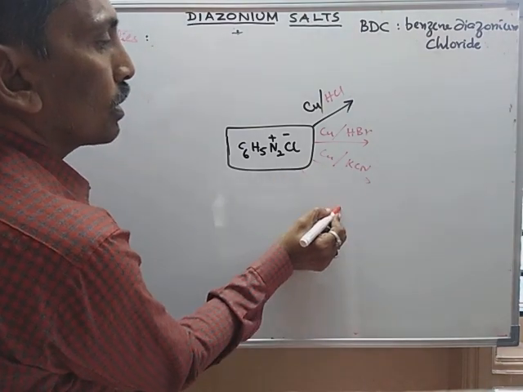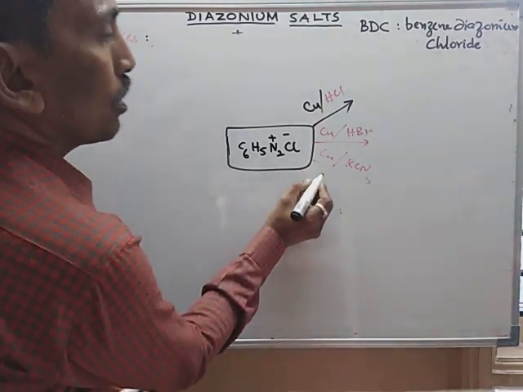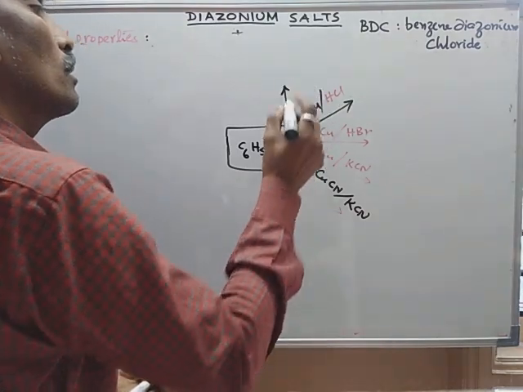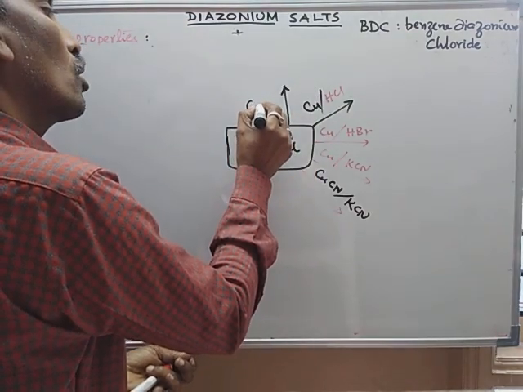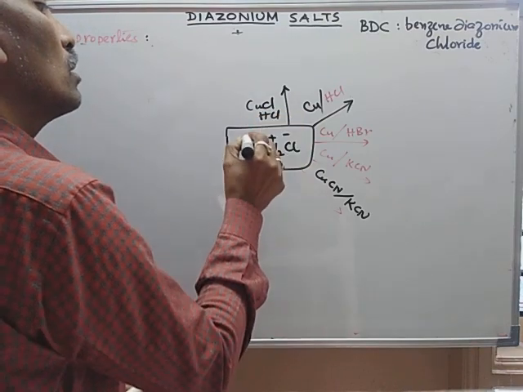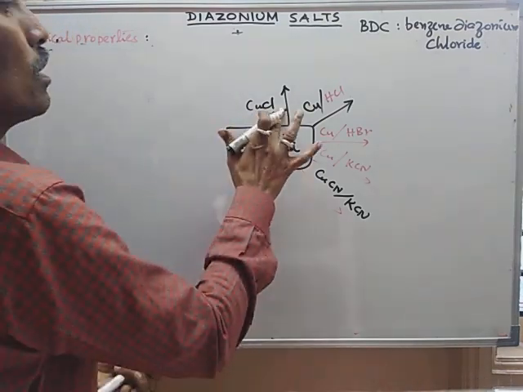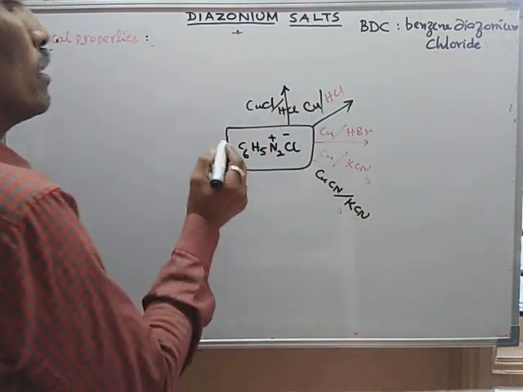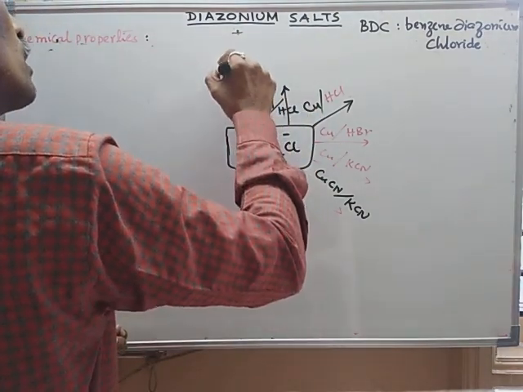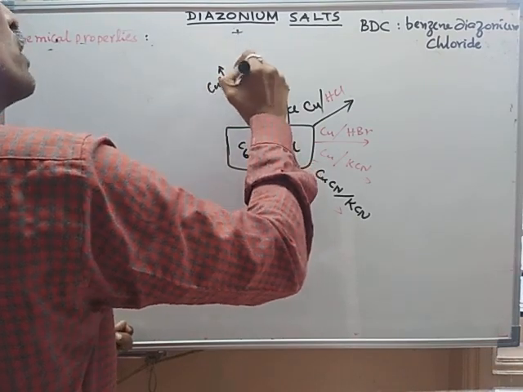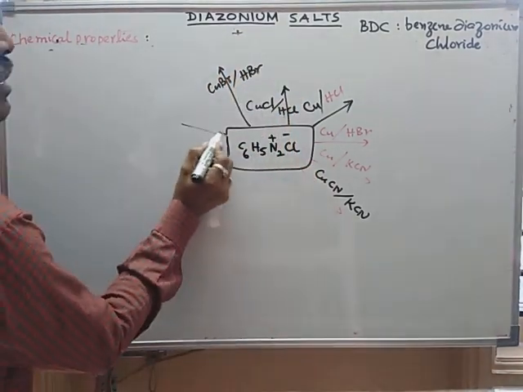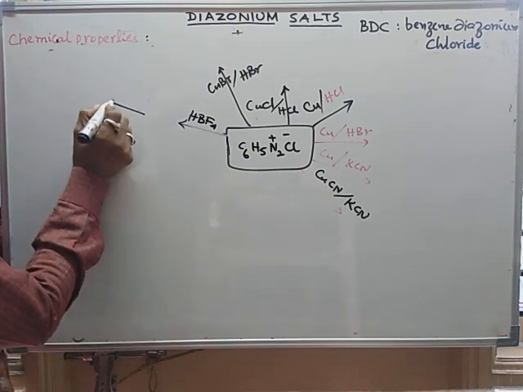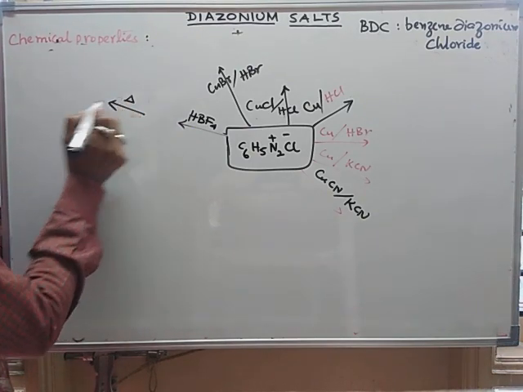KCN, here cuprous cyanide with KCN, here cuprous chloride with HCl, right, here cuprous bromide with HBr, then here it is HBF4 and the product is formed, that is heated.